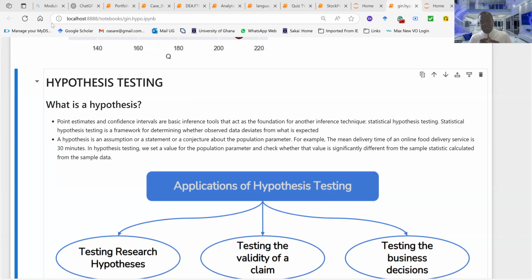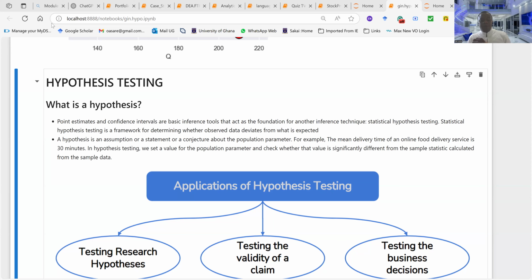Now, a point estimate is a specific number, and a confidence interval is two numbers, with one being a lower number and one being a higher number. These are basic inference tools that are used as the foundational blocks for inference techniques.